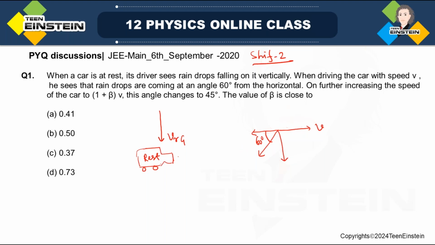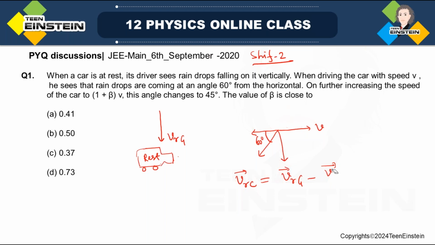So I can write down this. V rain with respect to car is v rain with respect to ground minus v car with respect to ground.